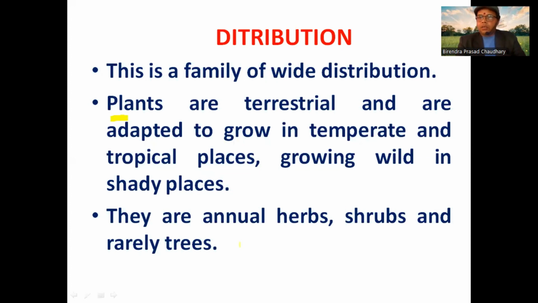In only a few species they are found in the form of trees too, having woody stems. So about the distribution, we have to study these things.